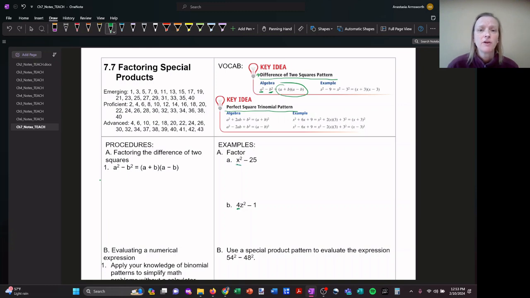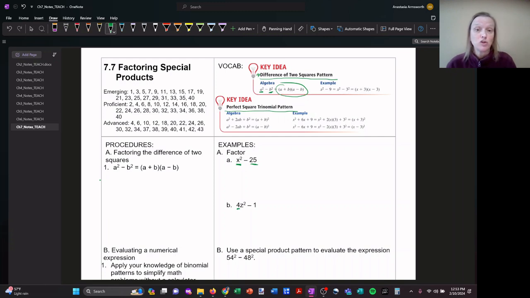If I see that my first term, my variable squared term, is a square number, and the last term of the polynomial is a square number, that's when I should start looking out for some of these special products. Here, I only have two terms, I don't have three terms, so automatically that should make me think of the difference of two squares pattern.